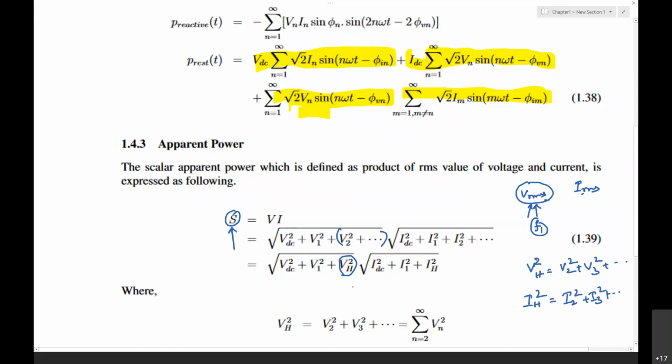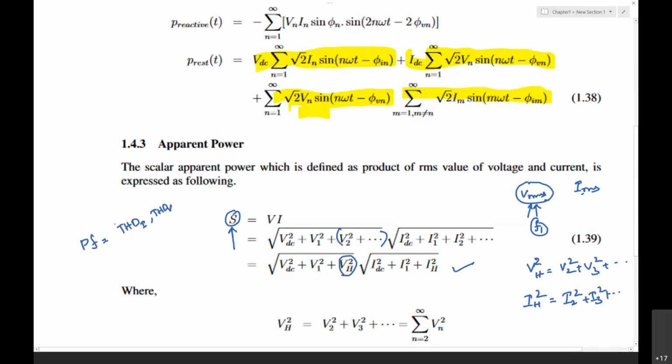Here, why I am mentioning this particular equation is to express the power factor, how the overall power factor is a function of the THD of currents and THD of voltage.